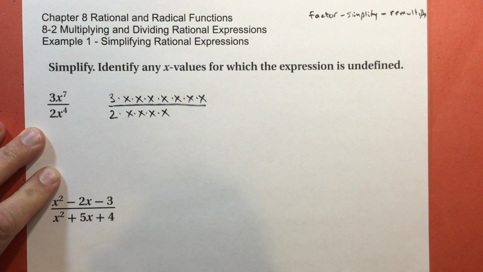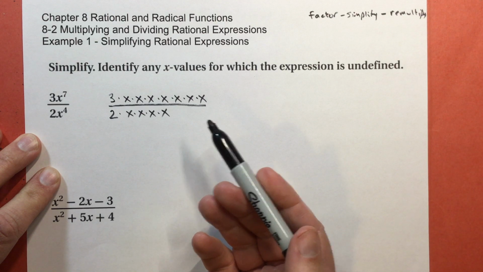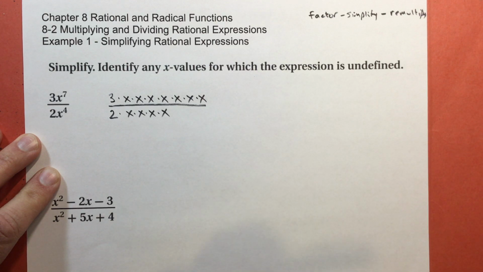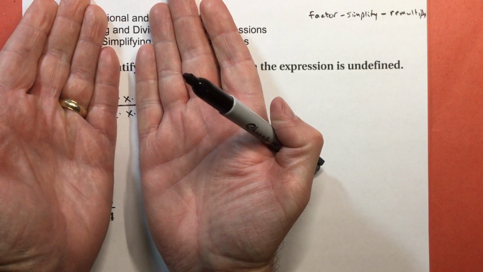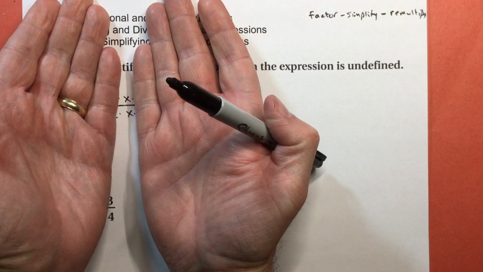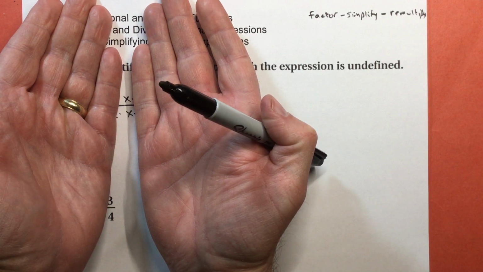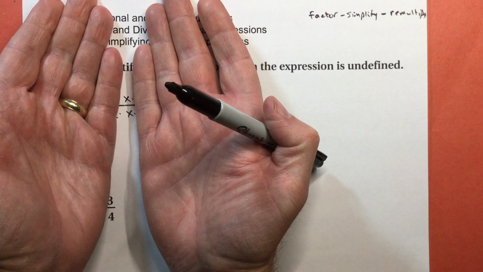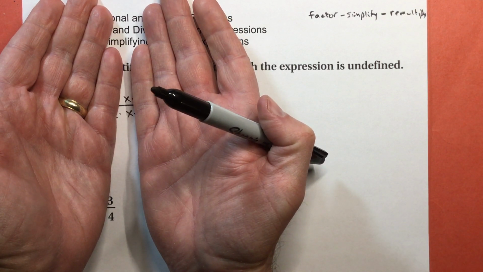Any factor that is in the top, the numerator, if it shares the same factor in the denominator, like x over x, then that's going to simplify and equal 1. X divided by x equals 1, except for one number, and we're going to talk about that in just a moment. All right. So if that was 5 divided by 5, that equals 1.